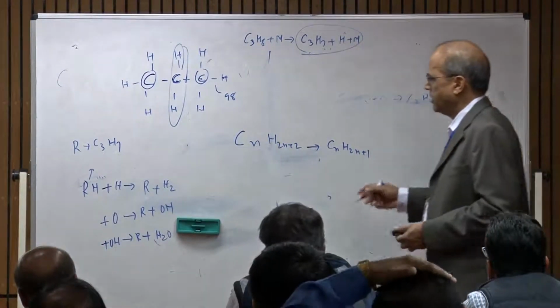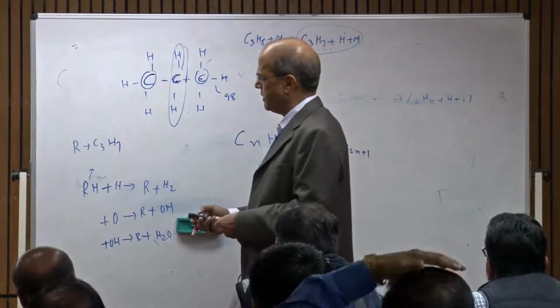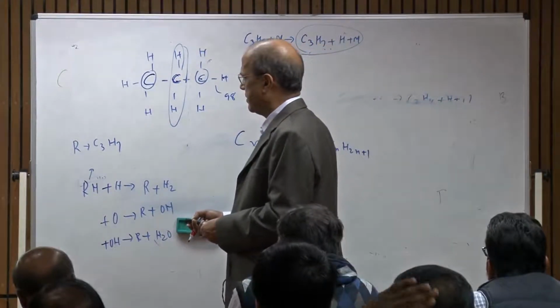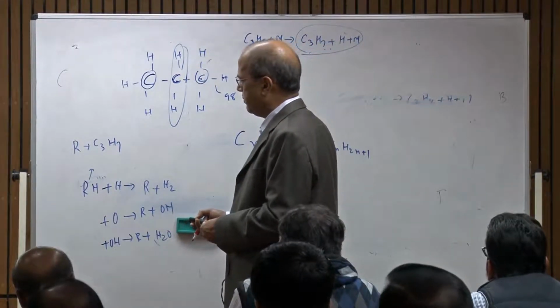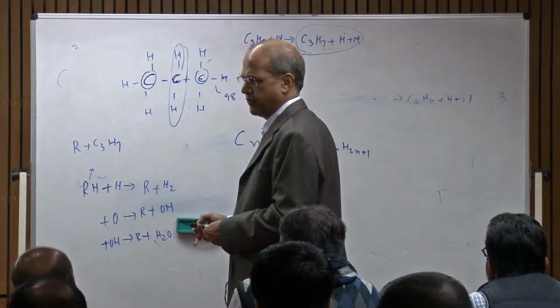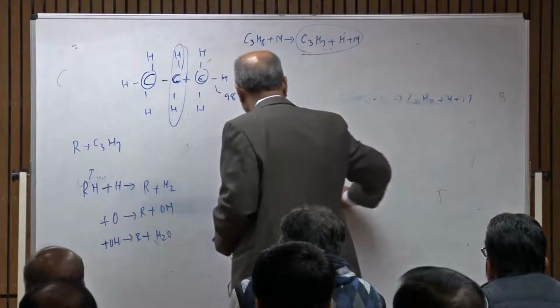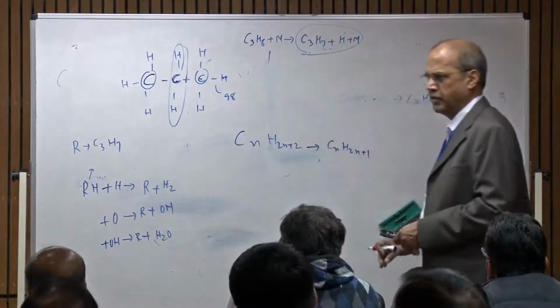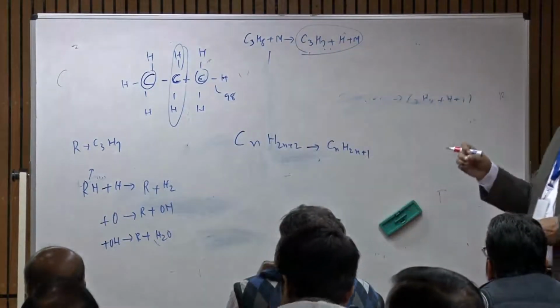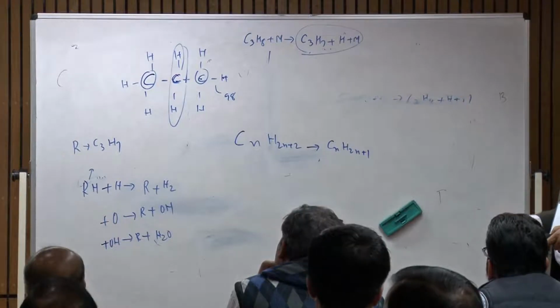The next are the hydrogen abstraction reactions and also the breaking of CC bonds. Both of these are occurring now, breaking of CH bond and CC bond, once you have these alkyls.